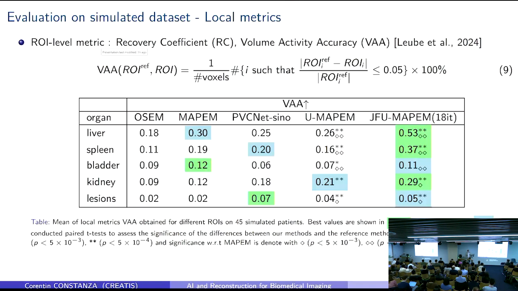Basically, this is the percentage of voxels that are close enough to a certain threshold, here 5%, from the sources. And you can see that on local metrics, really surprisingly, because we didn't train the network to be good on those metrics, it is significantly more performant than every other reconstruction method.